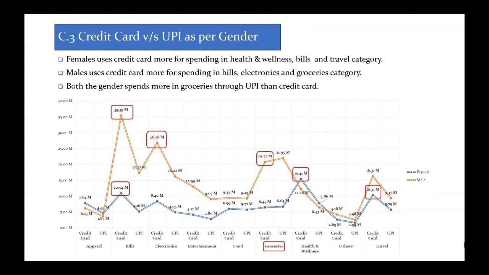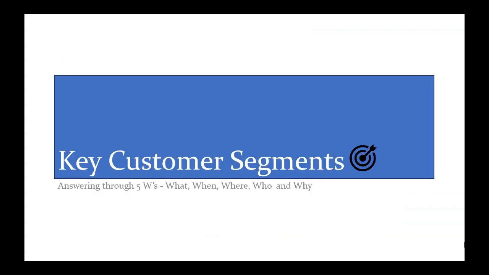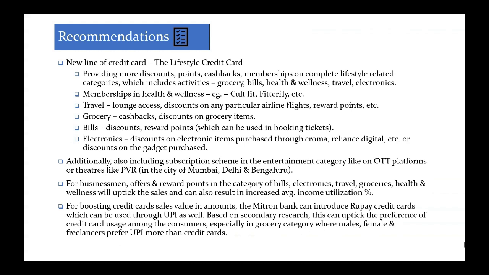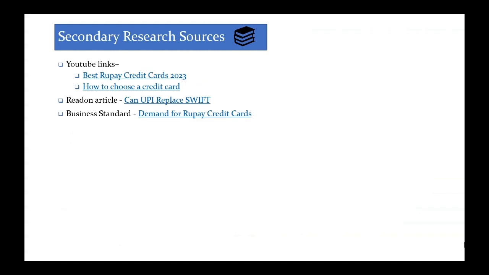Females and males also prefer UPI apps while paying for groceries. So if we integrate credit cards with UPI through RuPay cards, then it will be beneficial to us, to Mitron Bank. So these are all my recommendations, and these are the secondary research sources.